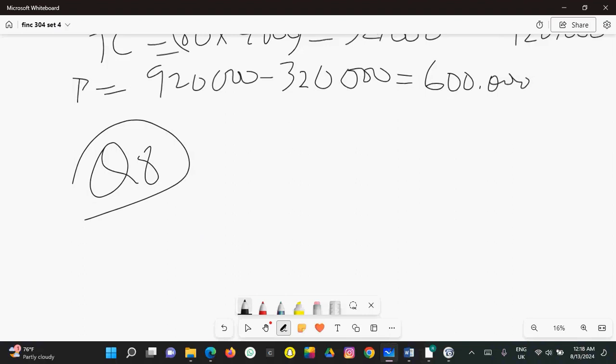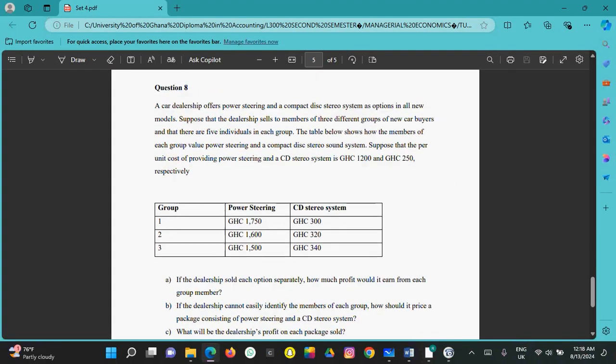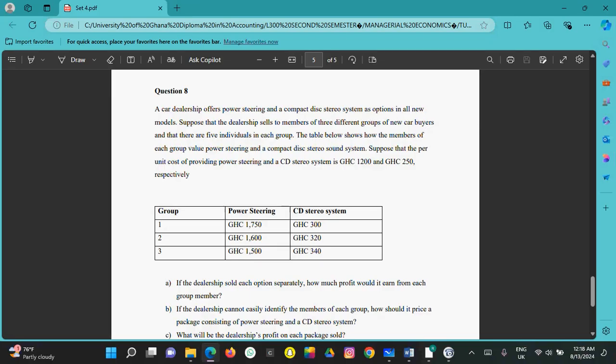Question 8. All right. So question 8 is asking us a car dealership offers power steering and compact disc stereo system as options in all new models. Suppose that the dealership sells to members of 3 different groups of new car buyers, and that there are 5 individuals in each group.